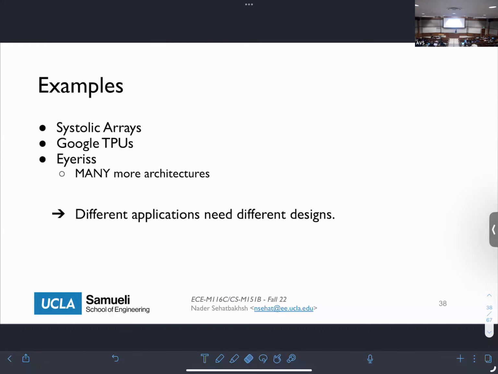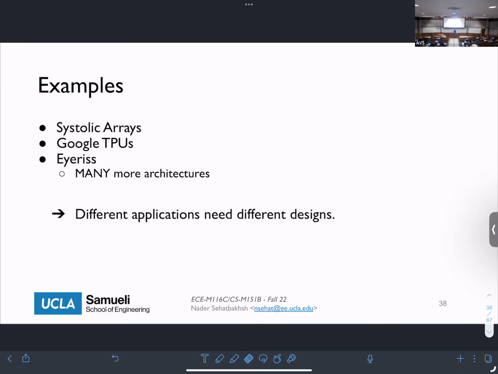There are also other examples of accelerators. You probably heard about Google TPUs. You probably heard about systolic arrays. There are many, many more accelerators compared to Eyeriss. The past 5 to 7 years was actually the explosion of these accelerator designs in research communities, so there are many, many more of these different designs.